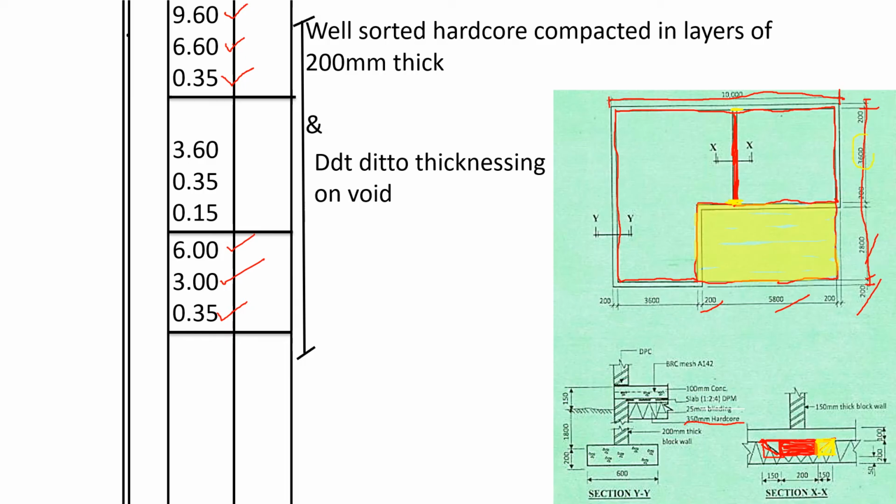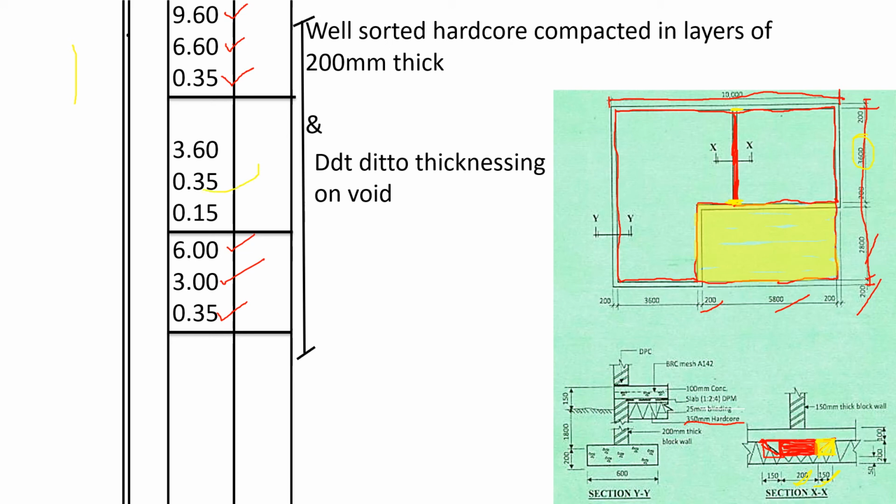Then the width of that trench for that thicknessing is 0.35, because you shall take this 200 plus 150, which gives 0.35.